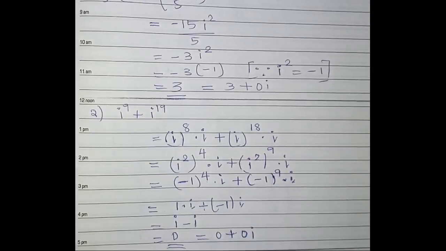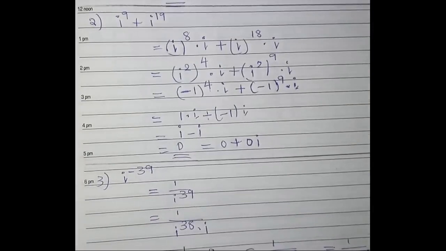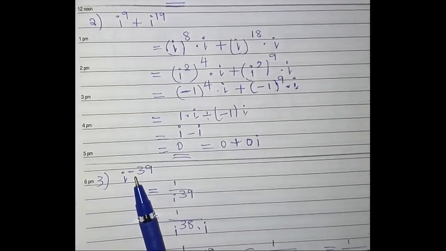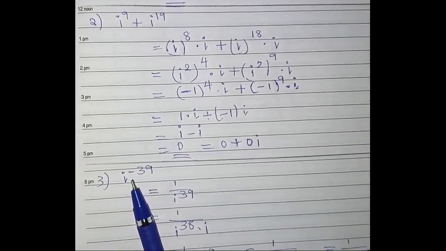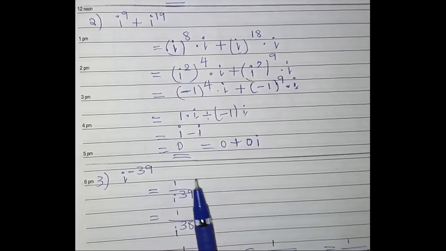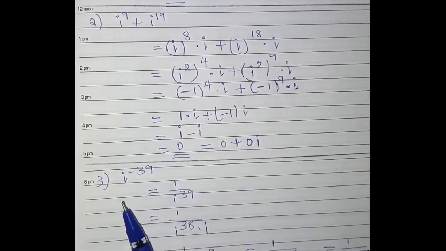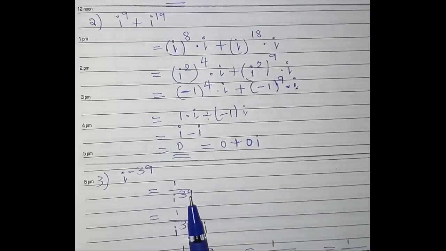Got it? Next, i power minus 39. So this is a different form. Whenever you see an exponent with a negative power, first you will try to make it a positive power. How will you make it a positive power? You will take the reciprocal of the number. So i power minus 39 can be written as 1 by i power 39. And again I'm saying, powers, write it in even form. So i power 39 can be written as i power 38 into i.